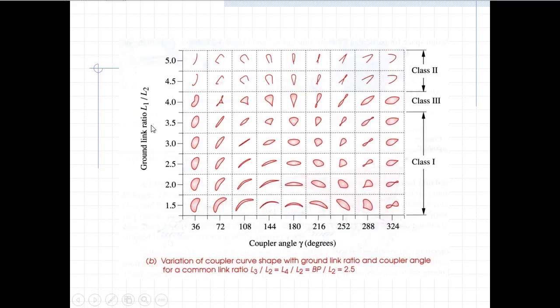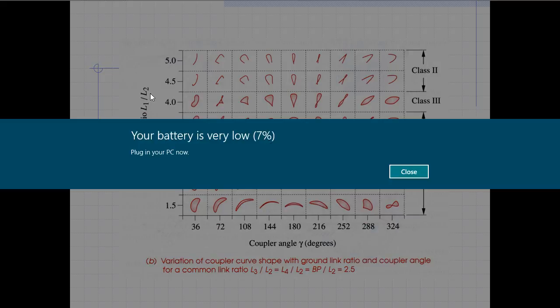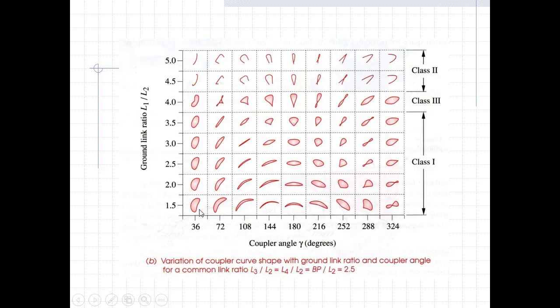For example, the ground link ratio here, L1 over L2, is given the following properties. So, for example, let's say that the length of the ground divided by the length of the crank is equal to 2. Then we are on this row.